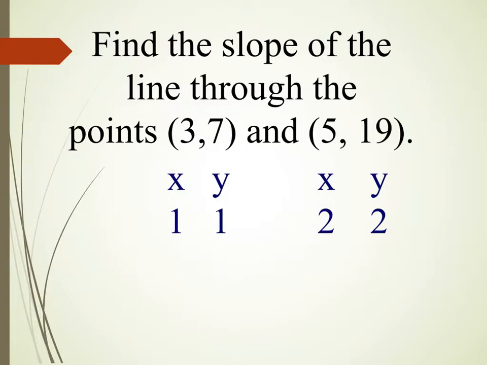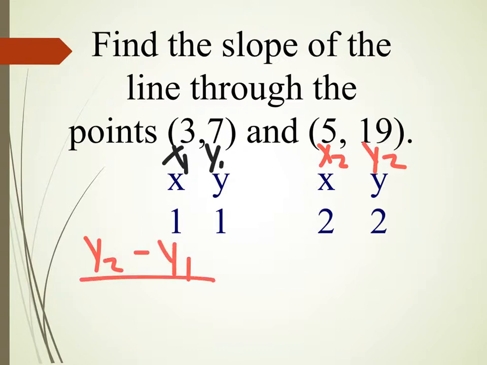So, when you have 2 points, you have x1, y1, and then you have x2, y2. Keep in mind your slope formula is y2 minus y1 divided by x2 minus x1.